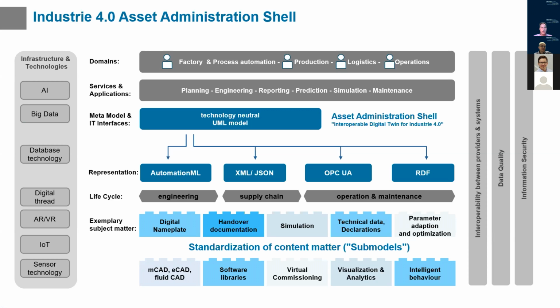OPC UA plays a big role here, certainly on the operations side when there are running OPC UA servers, but that same information needs to be available in different forms and in different ways at the different ends of the spectrum. And again, you see AutomationML come up here as a viable technology, as well as XML and JSON. So we're seeing a lot of people appreciate and value the OPC UA information model, but realize that they want ways to represent and use it strictly outside of OPC UA.